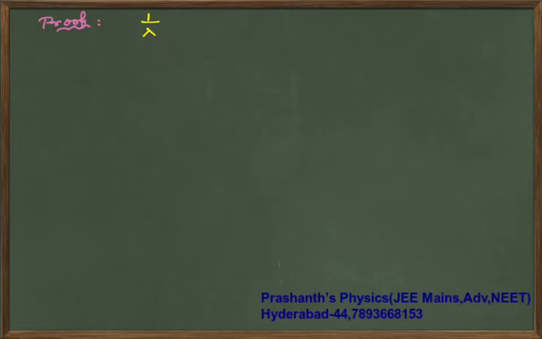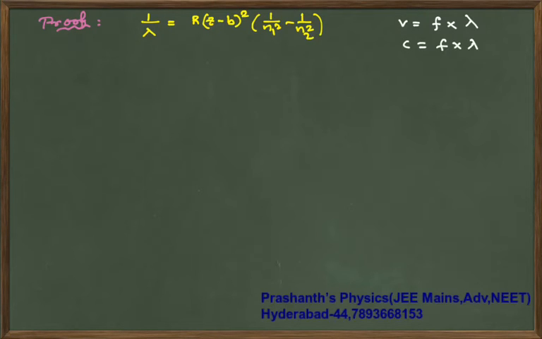We have given our characteristic formula as 1 by lambda is equal to R times (Z minus b) whole square times (1 by n1 square minus 1 by n2 square). Now we know that velocity is frequency into lambda, c is equal to f into lambda, so your f is c by lambda.